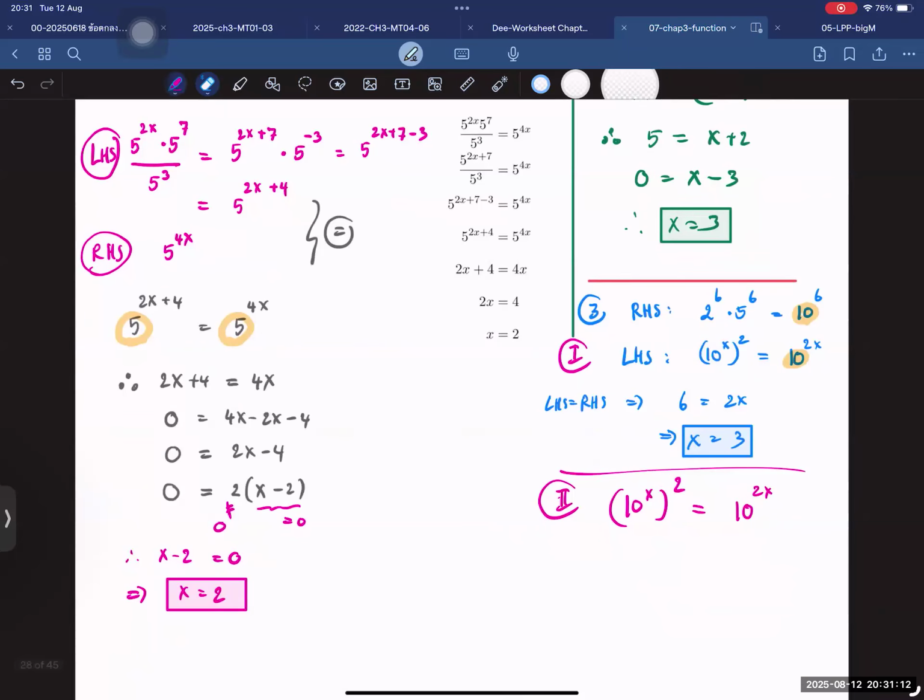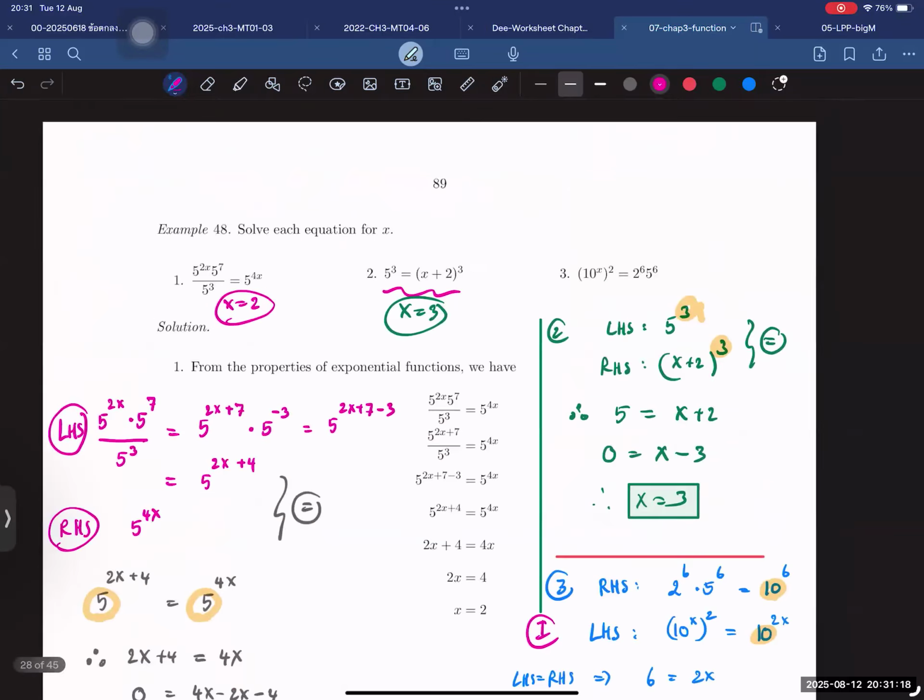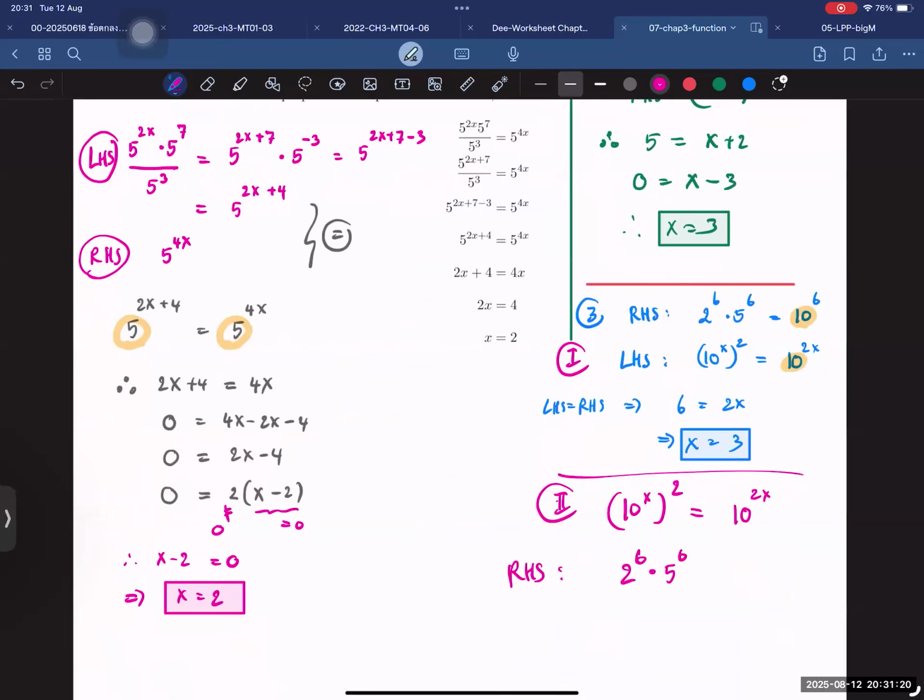Okay, on the right-hand side, we have 2 to the 6 times 5 to the 6. And we notice that 10 can be the multiplication between 2 and 5. So it's 2 times 5 to the power of 2x. So it means that we have 2 to the power of 2x times 5 to the 2x.